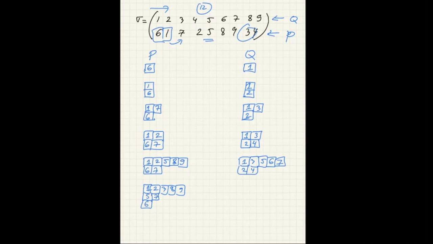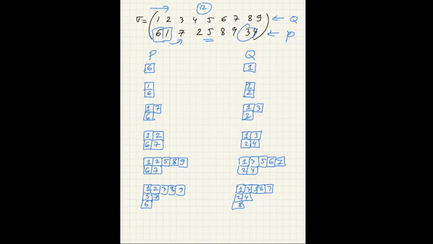So it gives us the same thing as here. And then you have a 2 and 4. So we have a 1, 3, 5, 6, 7. We have a 2, 4, and then this one is an 8.